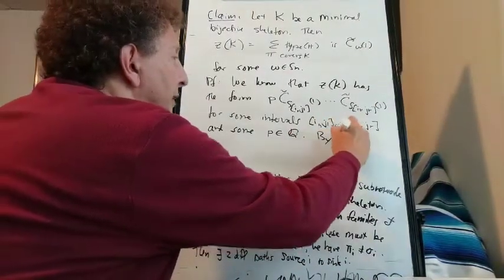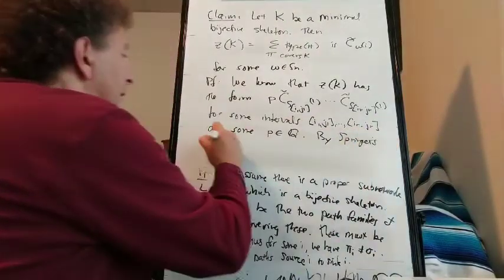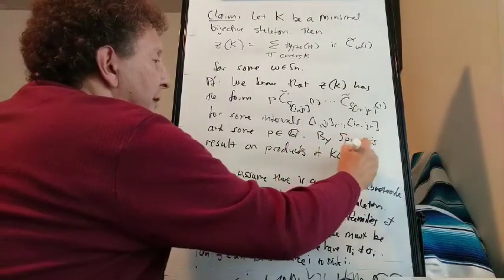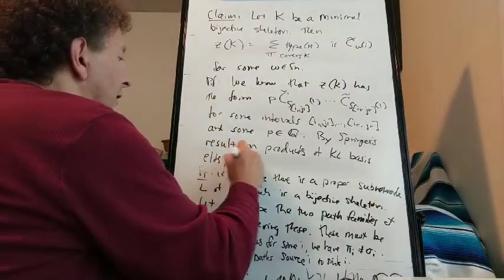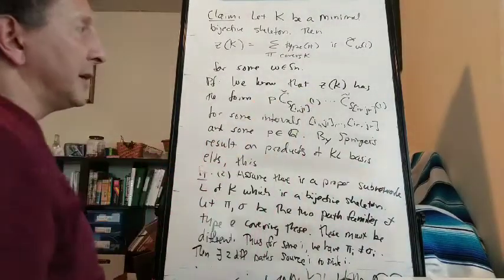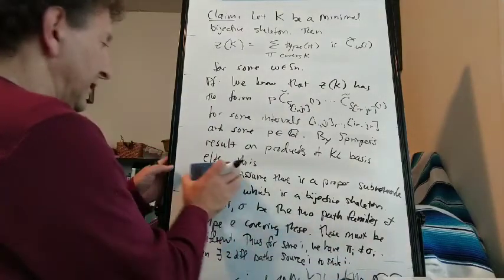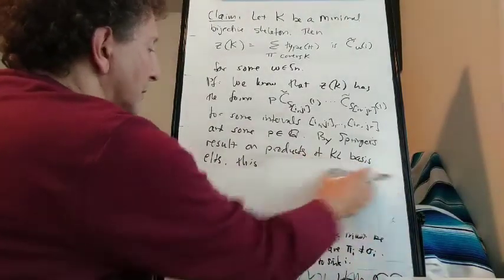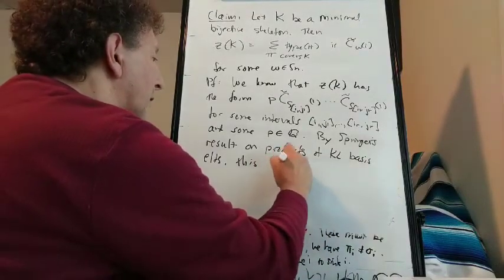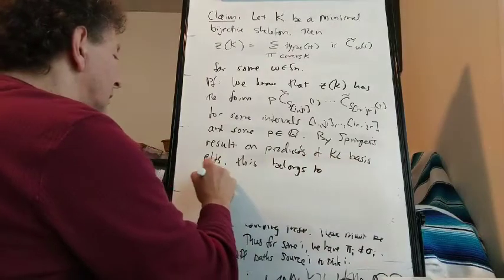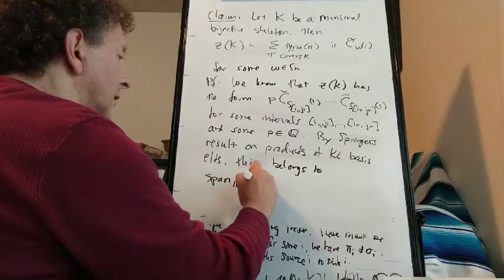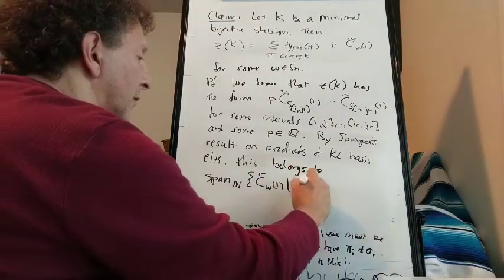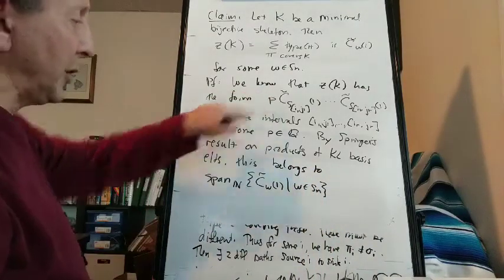All right, now by Springer's result on products of Kazhdan-Lusztig basis elements, this has to be a non-negative linear combination of Kazhdan-Lusztig basis elements. Now the product alone belongs to this span.